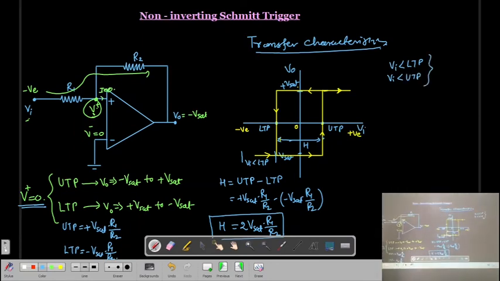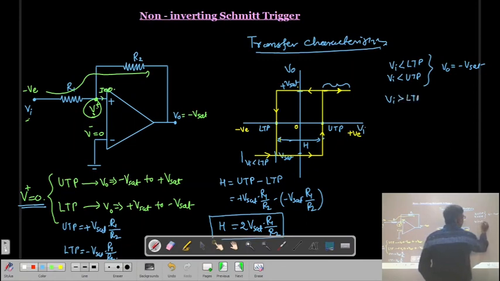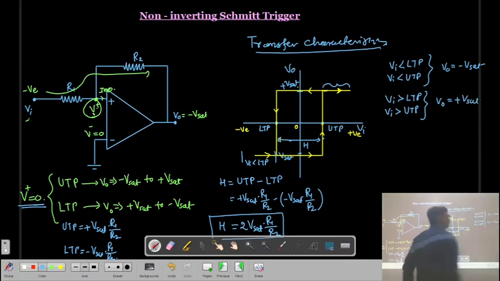If this condition is satisfied, then the output voltage will be in a minus V saturation. Now, in this region where the input voltage is greater than LTP and greater than UTP, the output voltage will be in a plus V saturation.